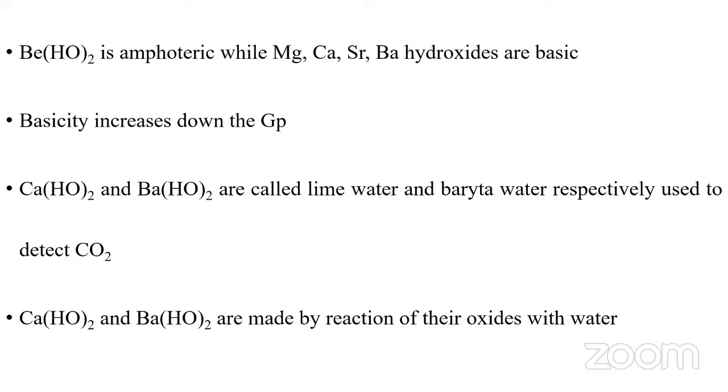So in a situation where you are carrying out qualitative analysis in the lab and you don't have your calcium hydroxide, you can actually use your barium hydroxide, which is your baryta water. And they're actually made by the reaction of their oxides with water. So when you have your calcium oxide, you dissolve it in water, that will give you your calcium hydroxide. When you have your barium oxide and you dissolve it in water, that will give you your barium hydroxide.